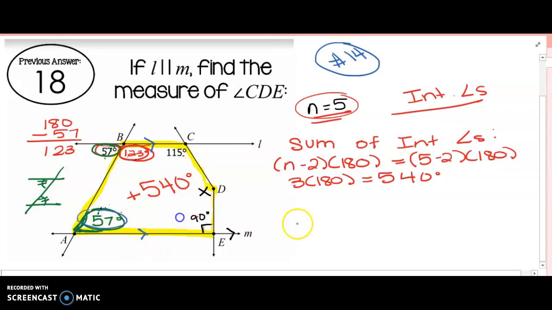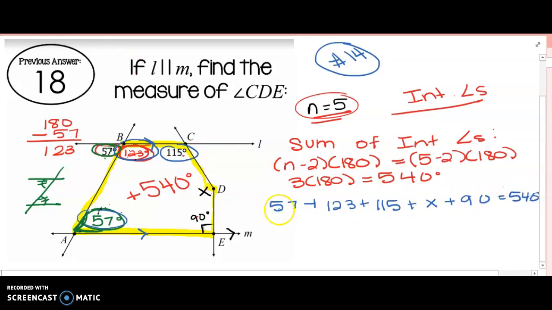Okay, so let's do it. I have 57 plus 123 plus 115 plus x plus 90 equals 540. All right, so if I add 57 plus 123 plus 115 plus 90, I get 385, and then I still have this plus x equals 540.